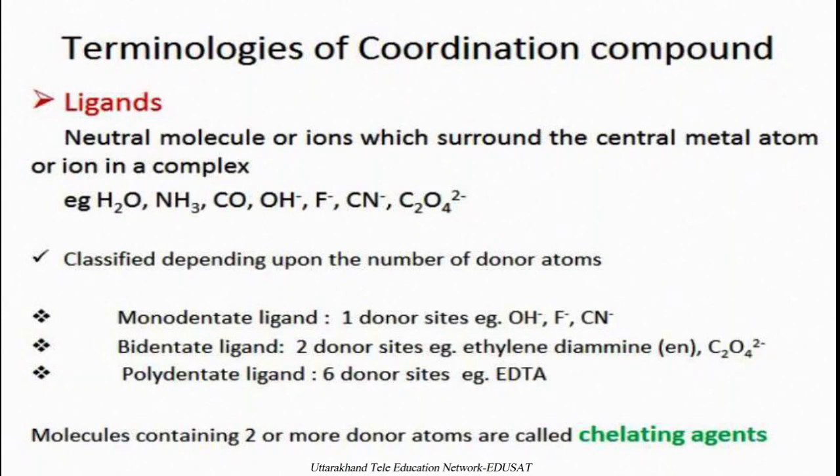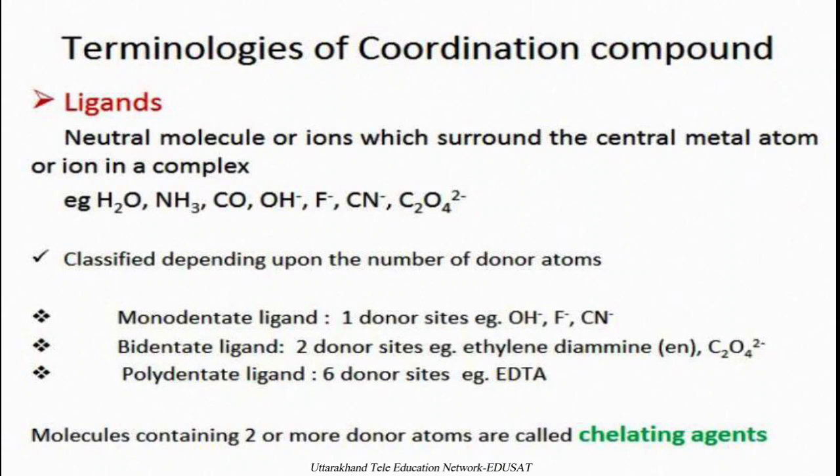It is a neutral molecule containing lone pair of electrons to form the bond between the metal and the ligand. Similarly, we have ammonia. Ammonia is also a neutral ligand. Along with this, we have carbonyl. Carbonyl also has lone pairs of electrons that can be used for a coordinate bond.